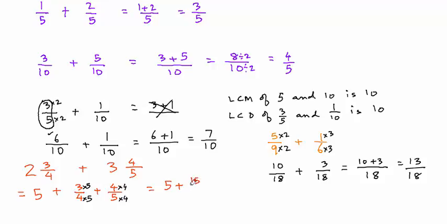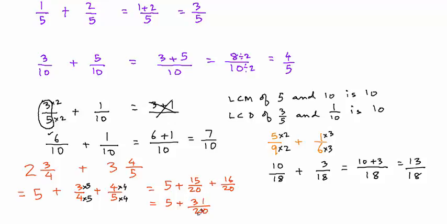We have a 15 over 20. That's equivalent to 3/4. Plus 4 times 4 is 16. We have a 16 over 20. That's equivalent to 4/5. Now that these two fractions are on the same denominator, let's just add them. So this is equal to 5 plus 15 plus 16 is 31 over 20.